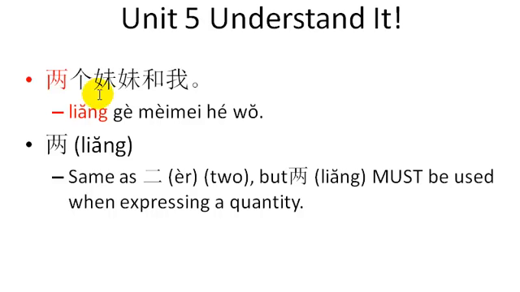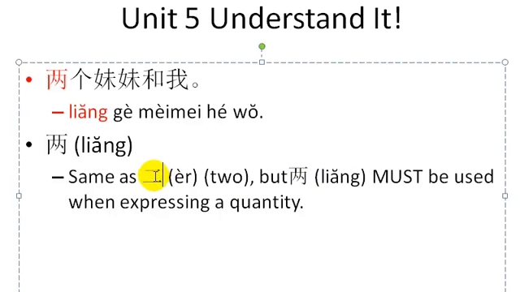两个妹妹和我. Okay, so this you're probably unfamiliar with. Let's have a look first at this liang. Liang basically means 2. It's the same as 2. But for some strange reason, liang must be used when expressing a quantity. You cannot use 二. So you can say 1 person, 一个人.